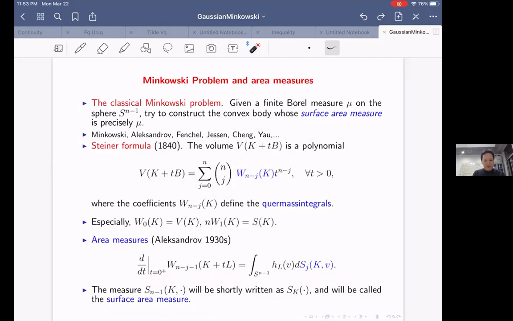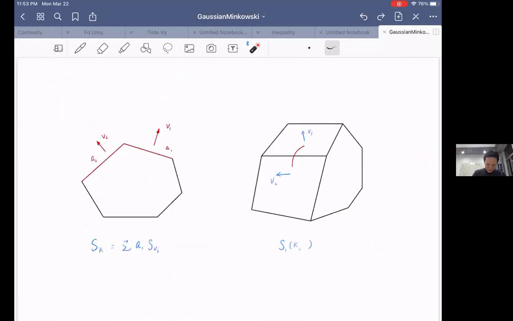In convex geometry, we prefer the language of measures rather than curvatures. For instance, if K is a convex polytope, as we can see in this picture, v_1 and v_2 are the outer normals of each face, and if the area of the face vertical to v_i is a_i, then the surface area measure will be a discrete measure focused on the directions.